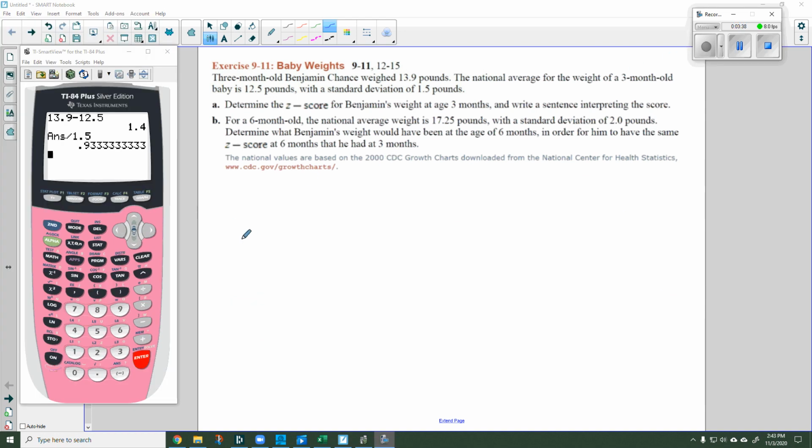Now for the second part, I'm dealing with a 6-month-old. So I got to remember for the first part, the z-score was 0.933 with a repeating 3. Okay, so for a 6-month-old, we know that the national average, we have an N(17.25, 2.0) model.